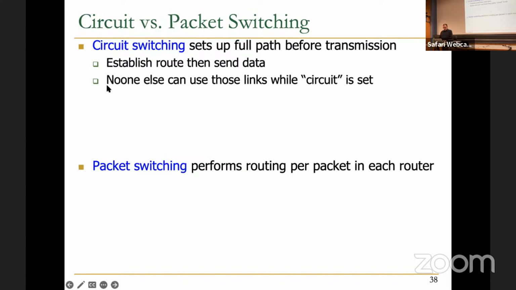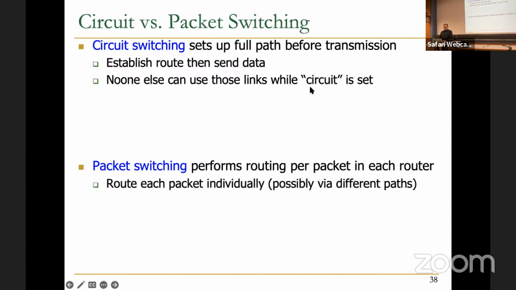The problem is that nothing else can use those links while the circuit is set. But packet switching performs routing per packet in each router and routes each packet individually, possibly by different paths. If a link is free, any packet can use it. So you don't reserve a link for packet switching.